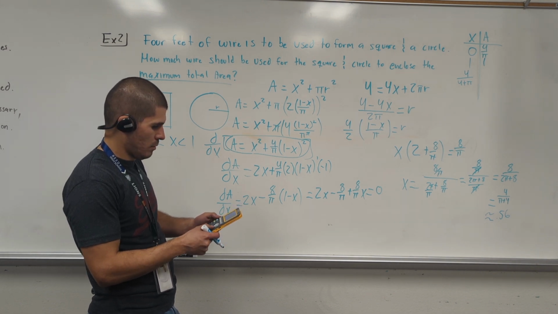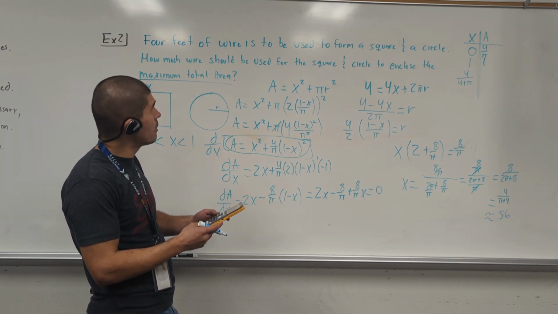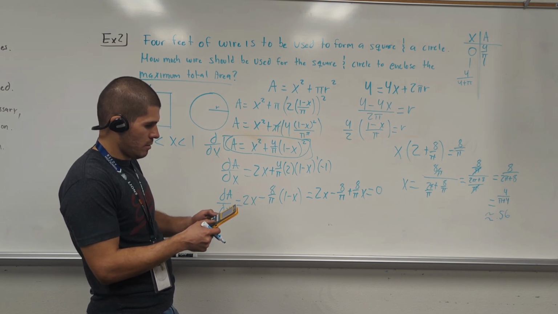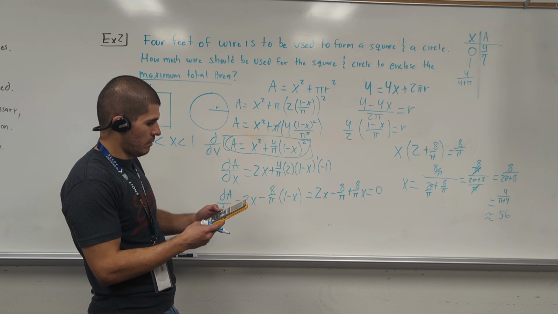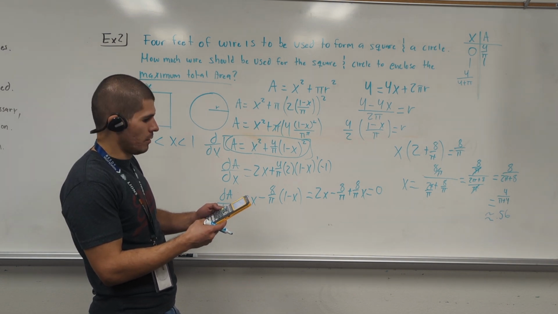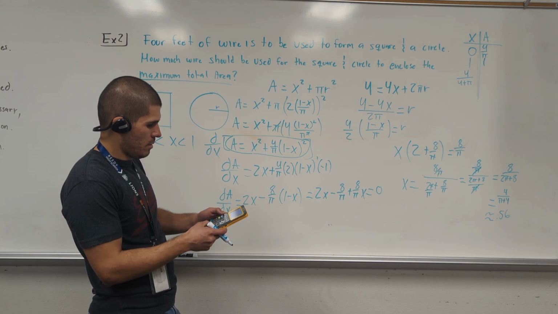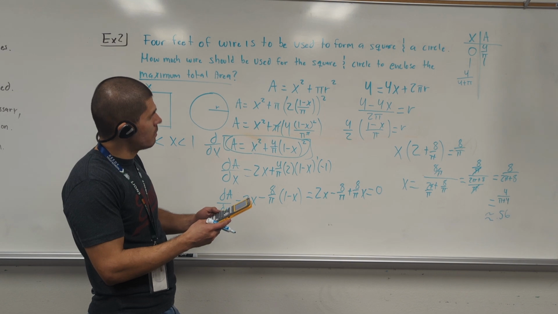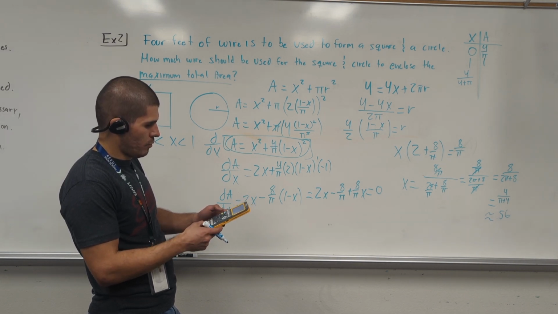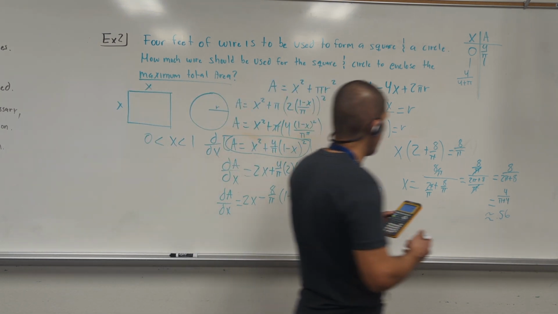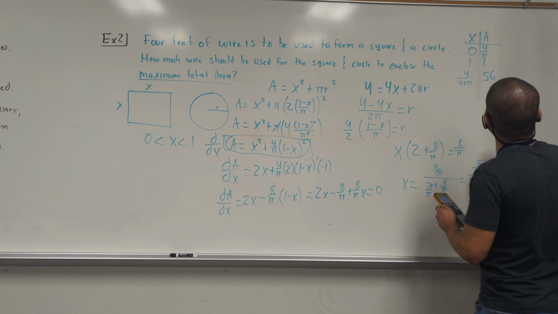Sorry, I pressed the wrong button and got the wrong answer. Apologize. 4 over pi times 1 minus 4 over 4 plus pi, and then all that quantity gets squared. And it got me about 0.56.